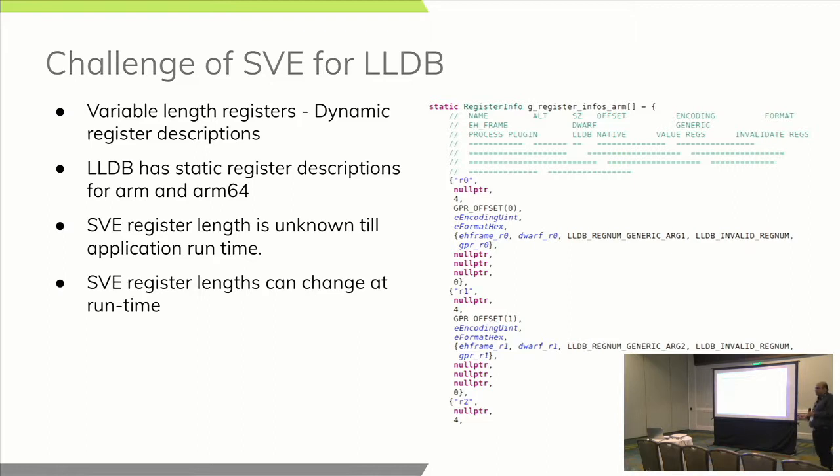Either it is an AArch64 thread, or an SVE thread with SVE live, or an SVE thread with just the normal FPSIMD data. So this information needs to be figured out dynamically, and traditionally debuggers configure themselves, or the debugging thread configures itself, as a single architecture with fixed-length register sizes.